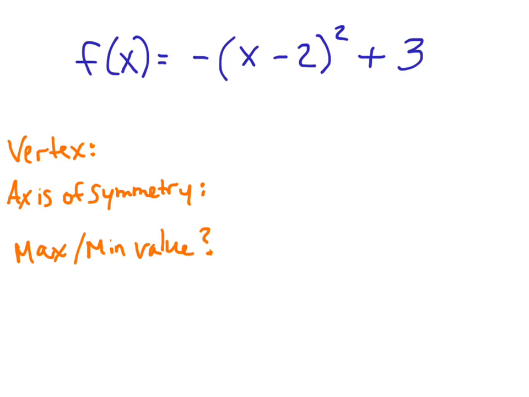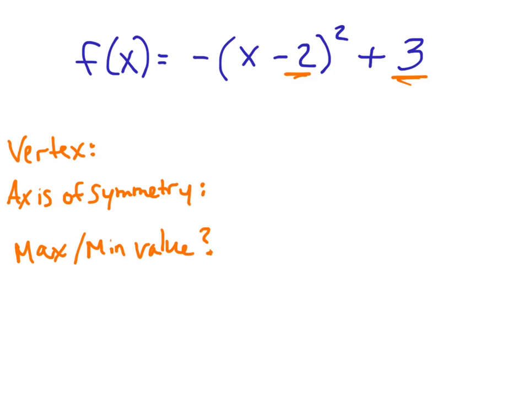Okay, so let's look at a couple different forms of the quadratic function equation and try to find some of these key properties from the equation. Alright, so to find the vertex from vertex form, you just need to pick out the numbers from the equation.